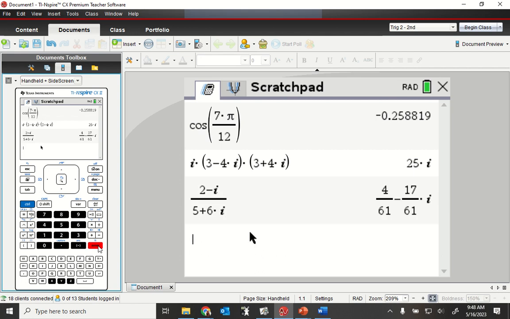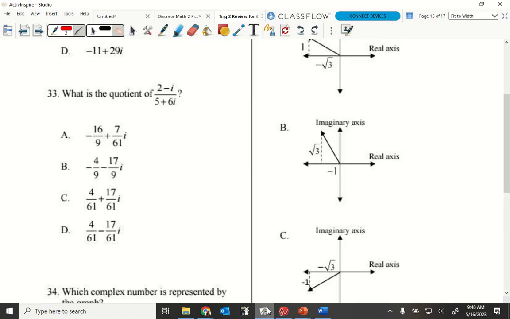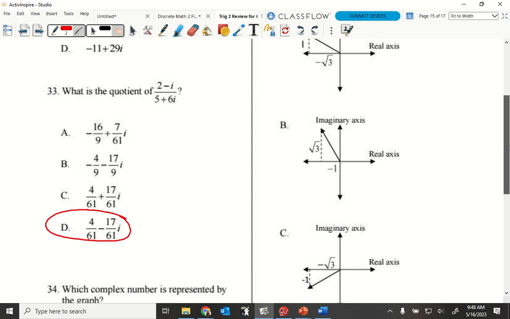And there we go. And what's that, 17? Wait, D. Is it D? Okay, good.